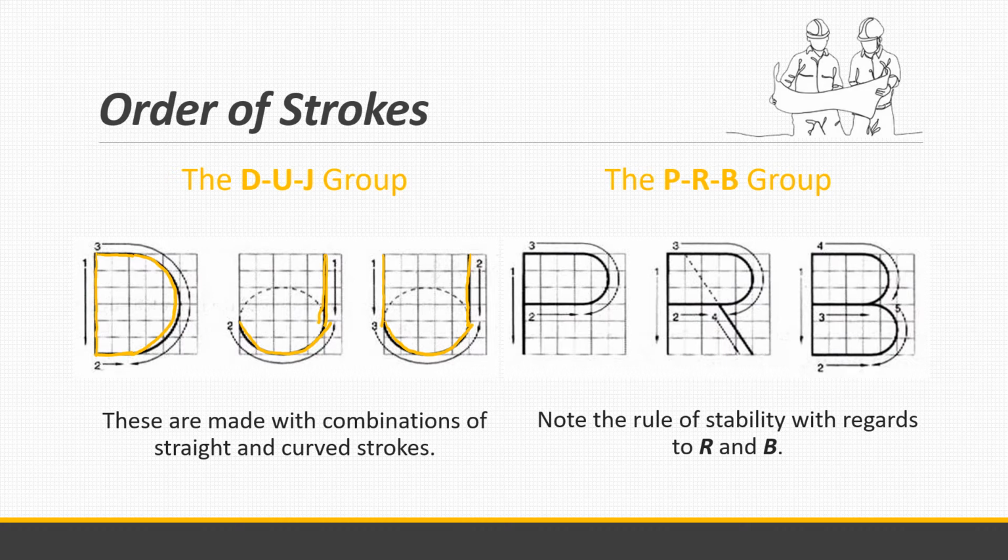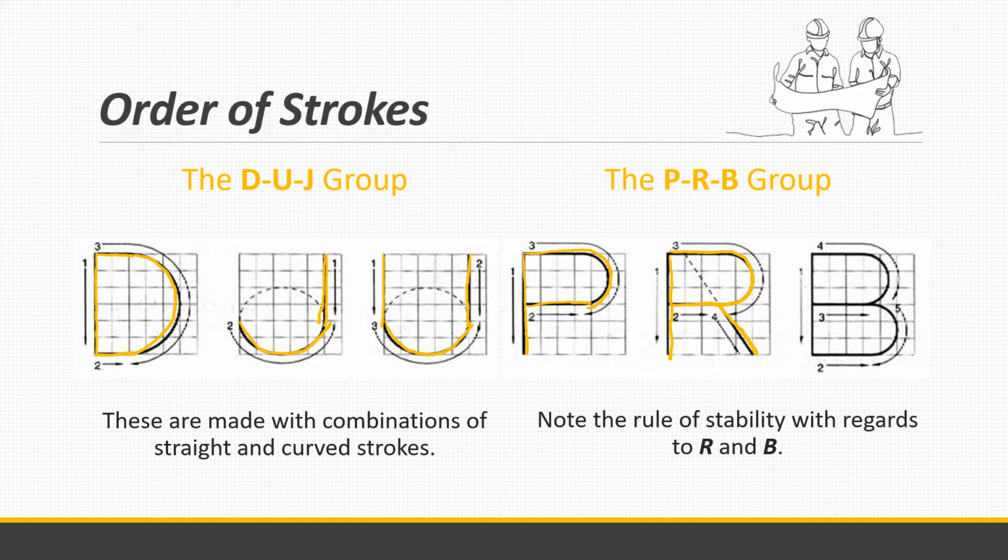For the P, in the PRB group, note the rule of stability with regards to R and the letter B. P is 5 units wide, 2, 3. For the R, 1, 2, 3, and 4.